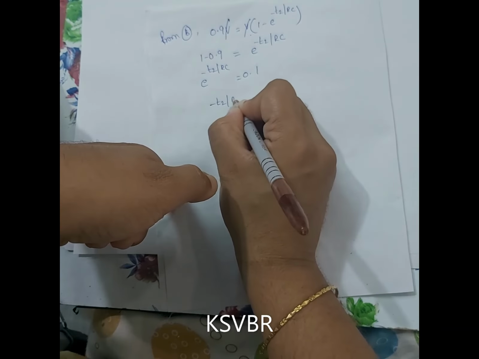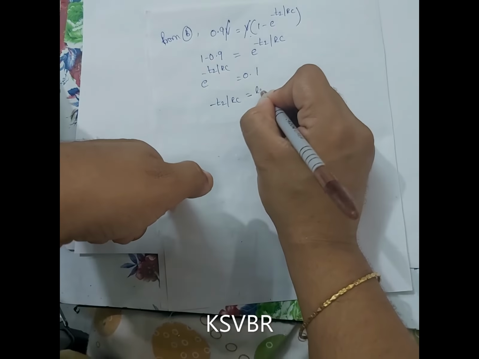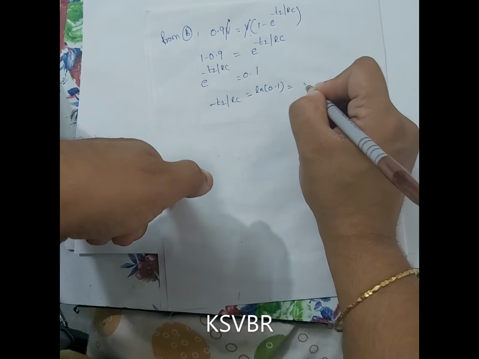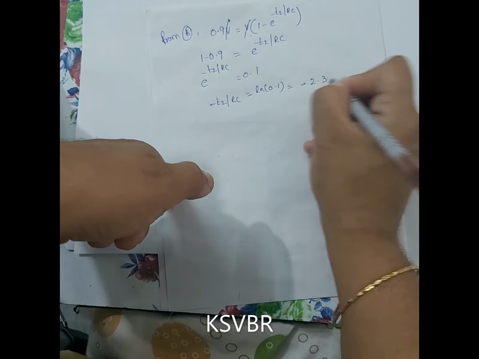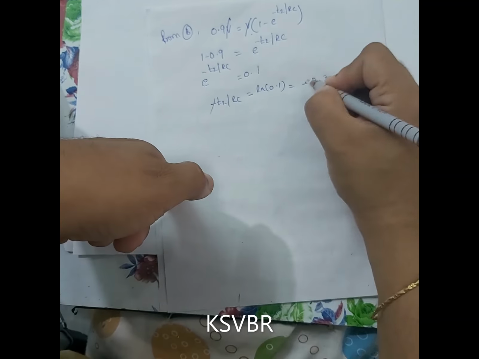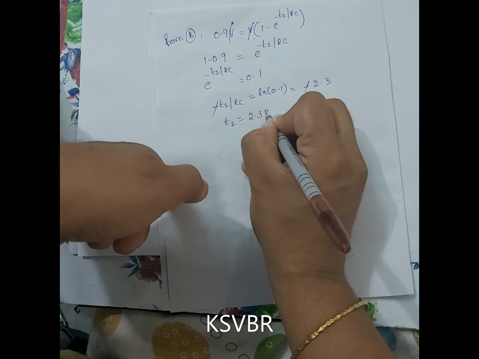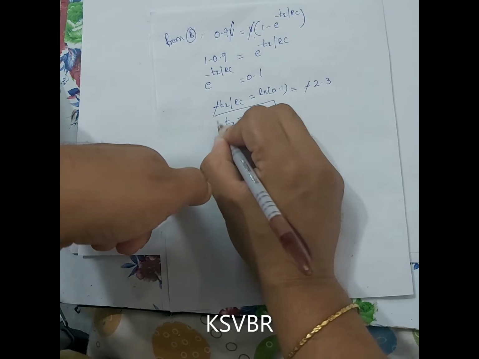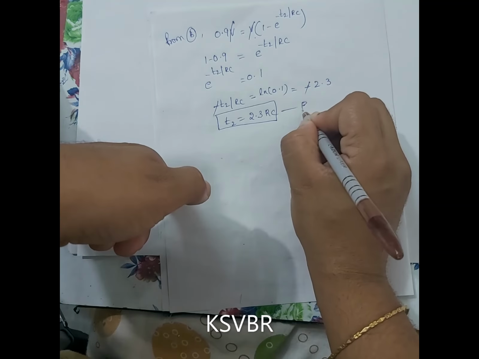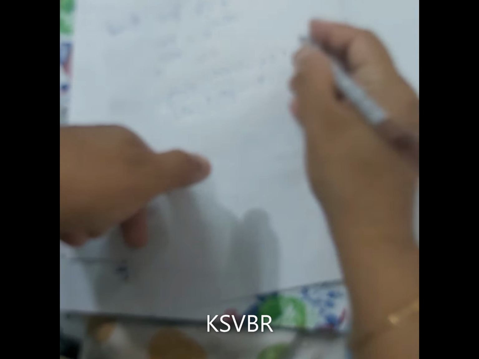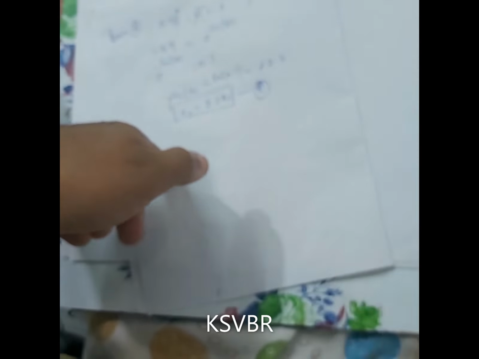Minus t2 by RC is equal to ln of 0.1. From the calculator, it is minus 2.3. Minus minus will get cancelled. T2 is equal to 2.3 times RC. Equation 1 we gave, so this is equation 2.